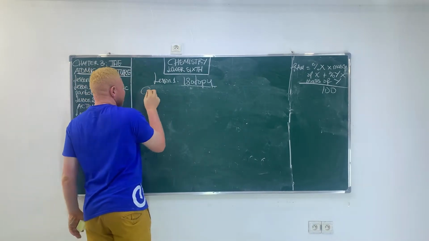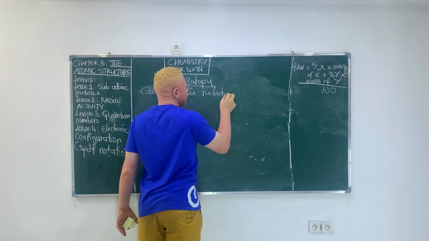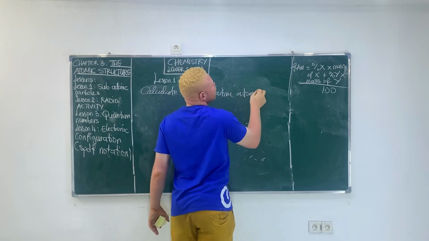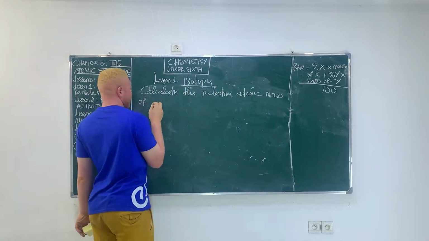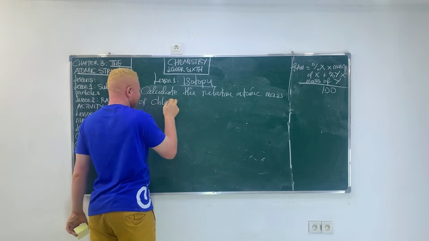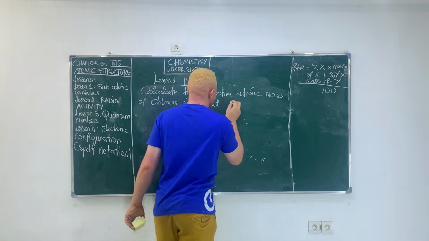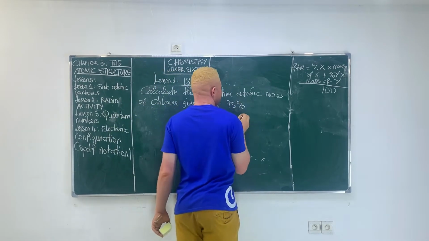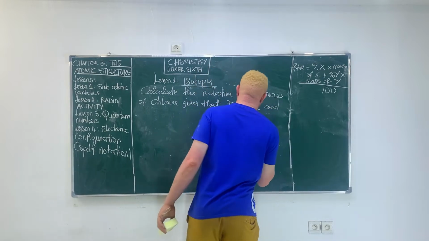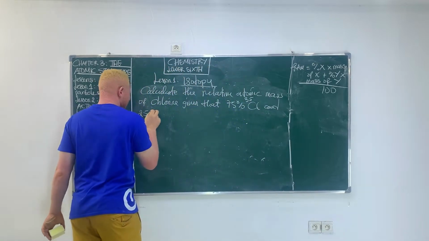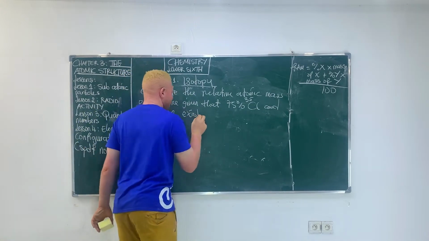Calculate the relative atomic mass of chlorine, given that 75% chlorine 35 and 25% chlorine 37 exists.